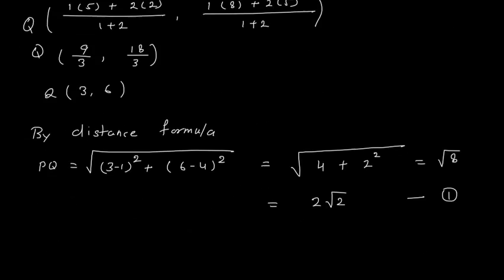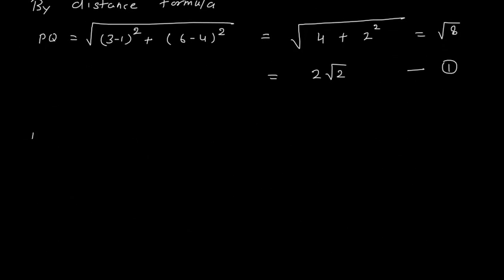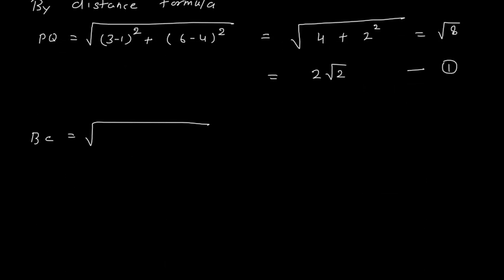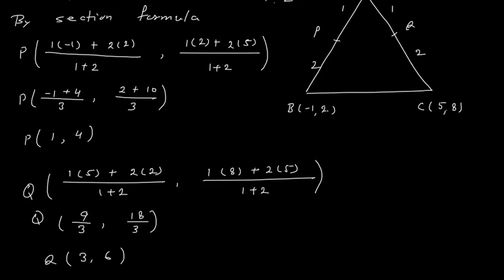BC is equal to square root of 5 plus 1 the whole square plus 8 minus 2 the whole square.